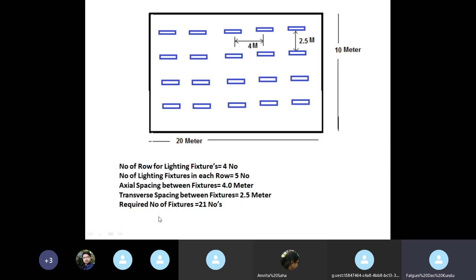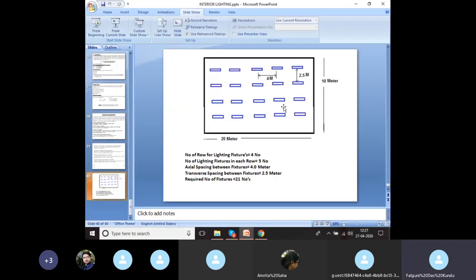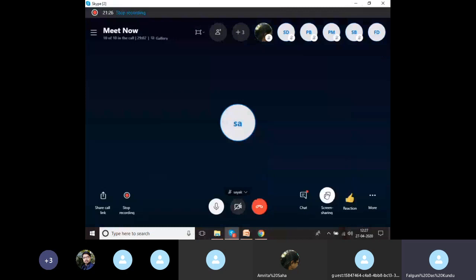The total required number of fixtures is 21, but here we see there are 20 fixtures, which is an approximated number. That's all for the interior lighting.